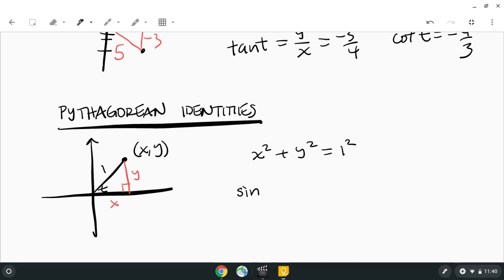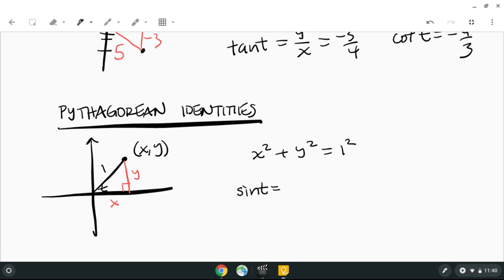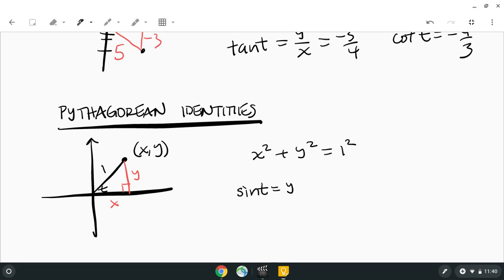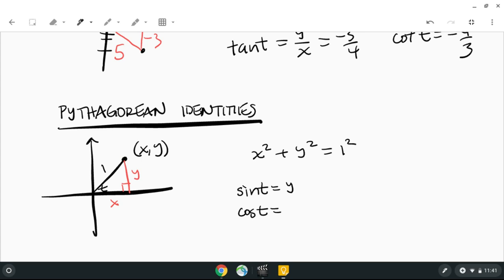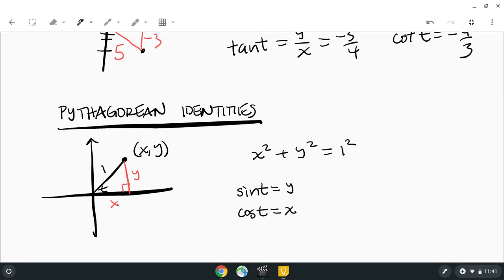All right, so then we know that sine t is y over r, so y over 1, okay? And we also know that cosine t is x over r, so x over 1, which is just x, right? Okay, so we have values for x and y.